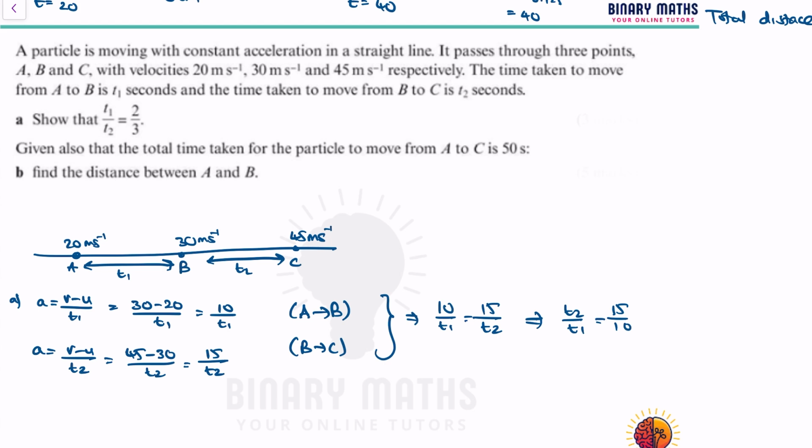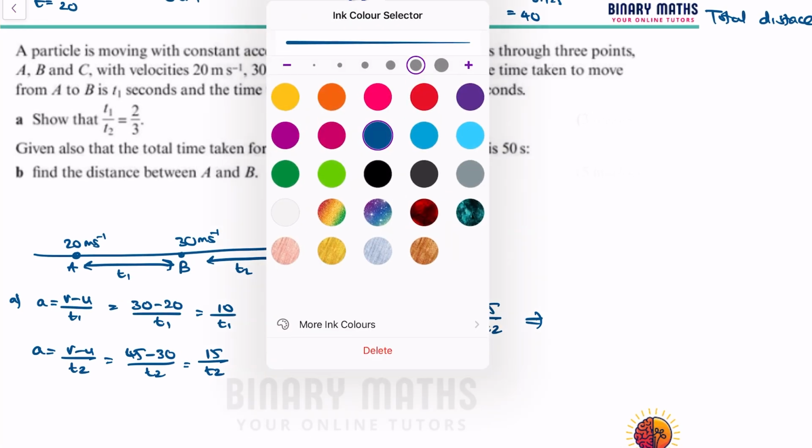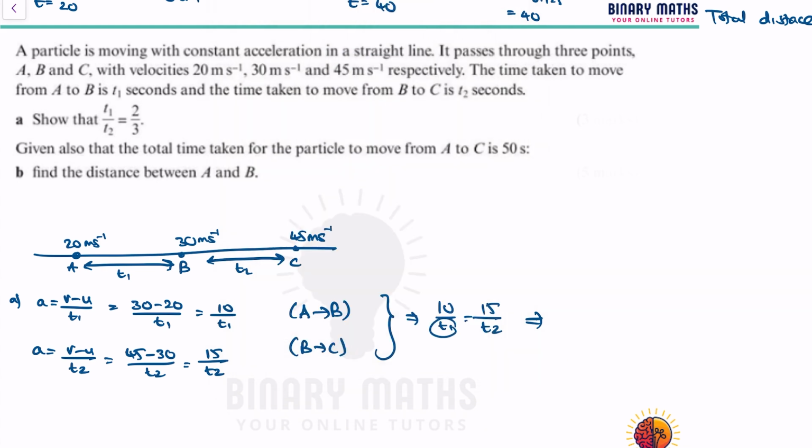Oh, we wanted the other way around, so I've rearranged it the wrong way. So take this one over there and this one over there. I end up getting T1 over T2 is equal to 10 over 15, which means T1 over T2 is equal to 2/3.